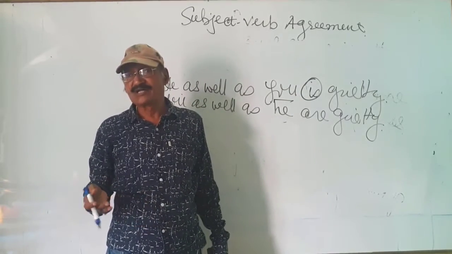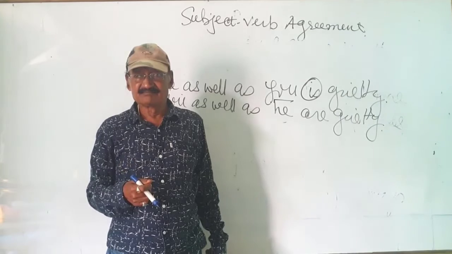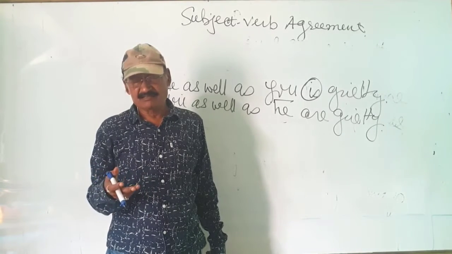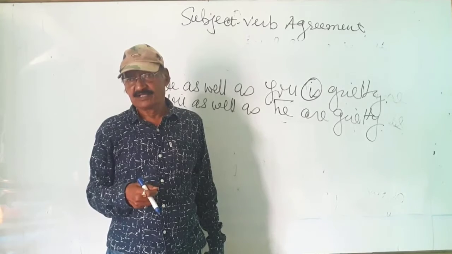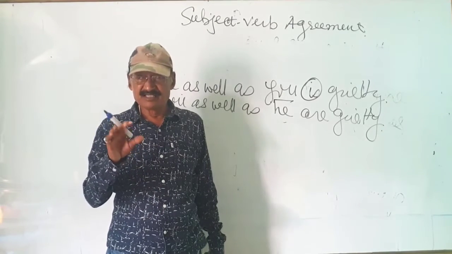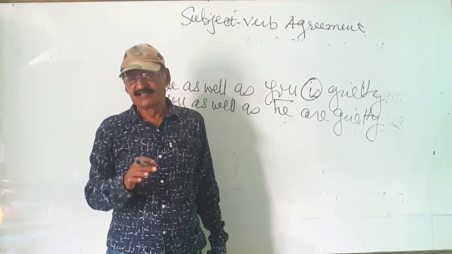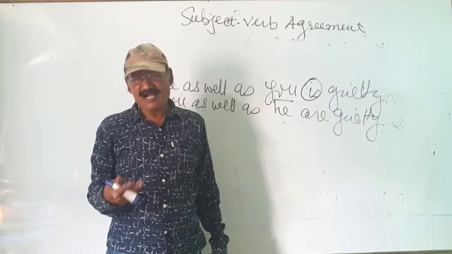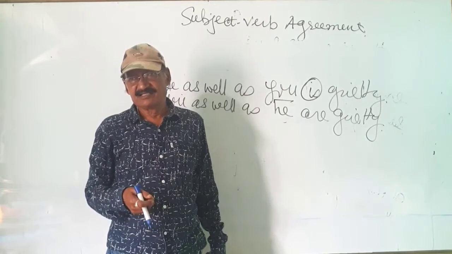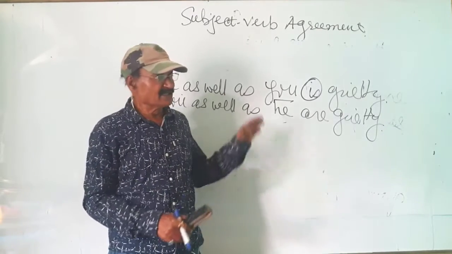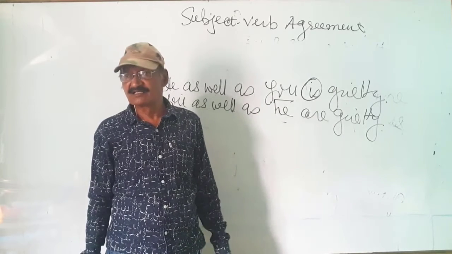We can't use "are" with "he". Only we use "is": he is a good boy, he is a man, he is honest. I can't say "he are honest" or "he are a good boy". But here we are using "he are guilty".